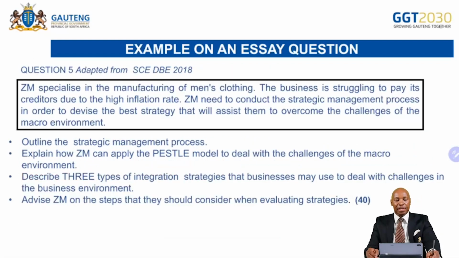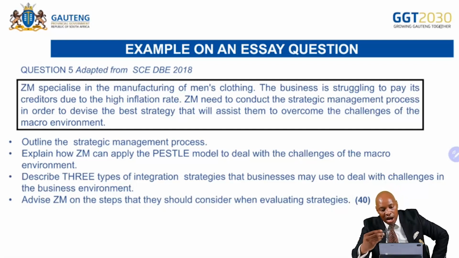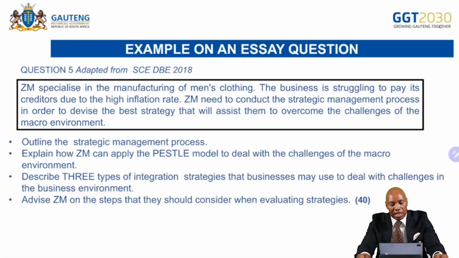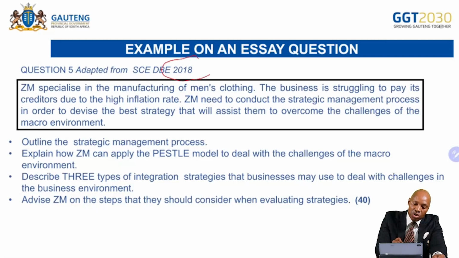Let's take it further. Now, let's look at how an essay may be asked using the personal factors. This is an example of an essay which has been adapted from the Senior Certificate Examination, the 2018 question paper.